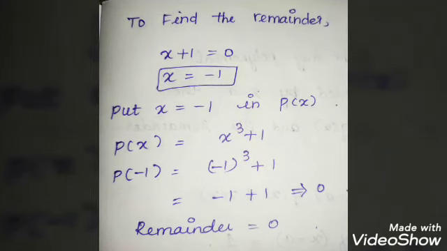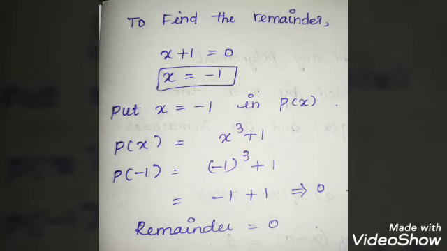Next, to find the remainder. In every division problem, finally we have to find the remainder, or we have to check the remainder. For that, take the divisor x plus 1 equal to 0. So what is the value of x? The plus 1 goes to that side, so you get minus 1. So put x equal to minus 1 in our P of x. What is our P of x? x cube plus 1.